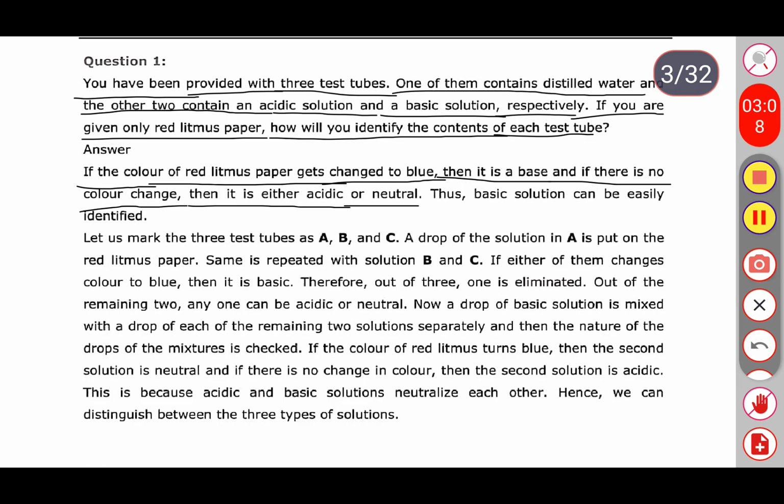If there is no color change, then it is either acidic or neutral, because in acidic also the red litmus paper shows the same color, or in neutral there will be no changes observed. We are not going to observe any changes in the neutral solution.